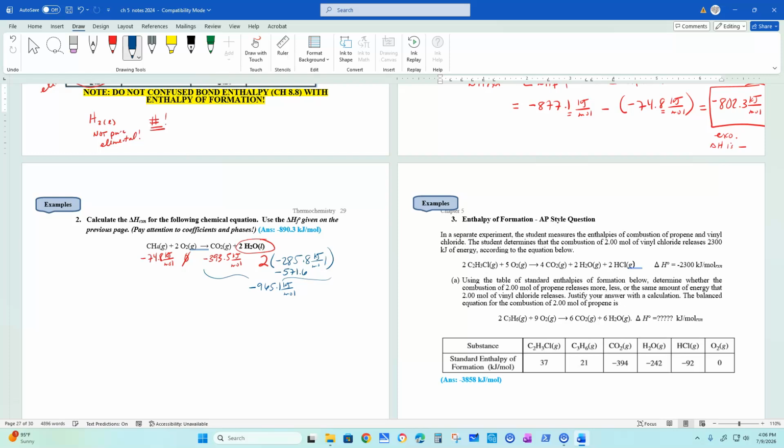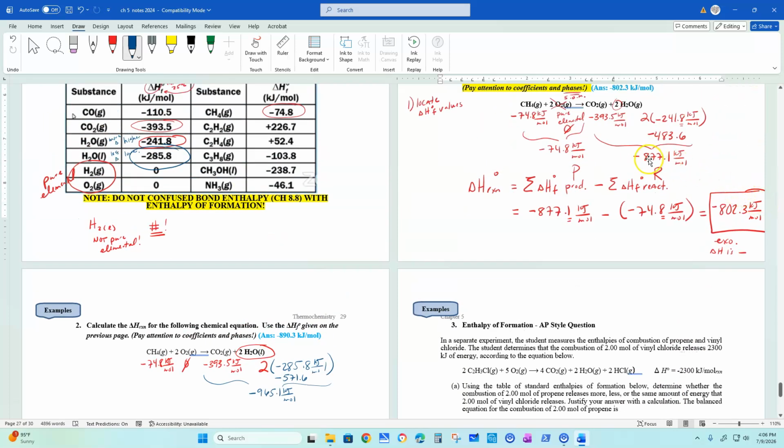Okay, compared to over here, if I look up to the gas, negative 877. This definitely is a higher value since water is a gas. Compared to this value, which is lower, even more exothermic, since water is a liquid.